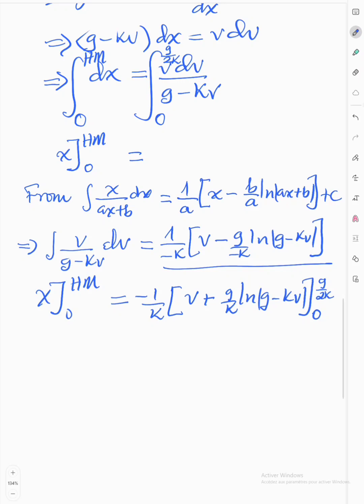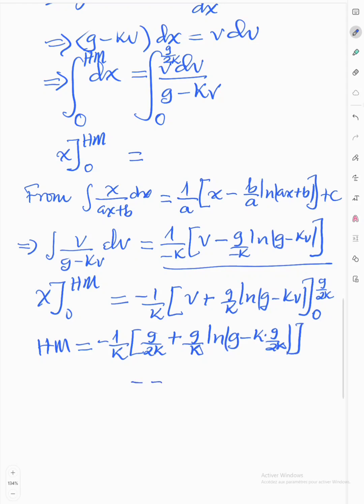So the substitution of the limits on the left hand side will just give us hm minus 0, which is hm equals, substituting the upper limit g over 2k, we have negative 1 over k into g over 2k plus g over k ln of g minus k into g over 2k, minus 1 over k, substitution of the lower limit, v is 0, plus g all over k ln of g minus 0 since v is 0.